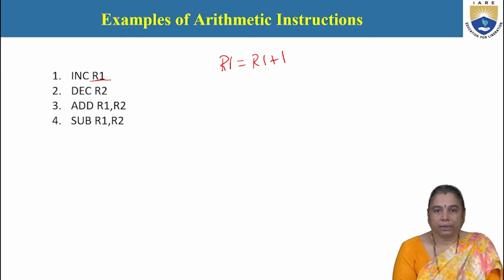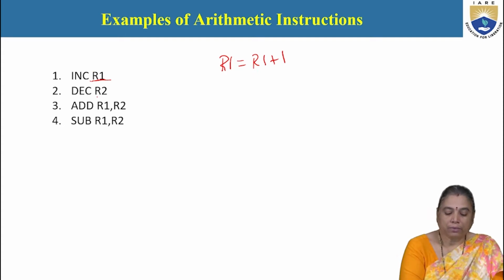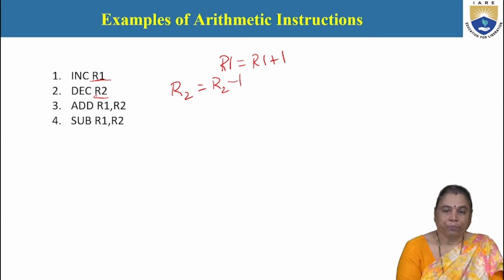While using the decrement operation, the register specified is R2. The value stored in R2 is decremented by 1 and the result is again stored in register R2. Next is the addition operation.